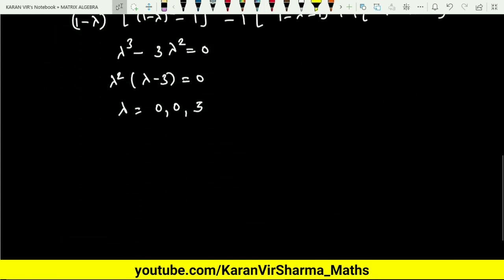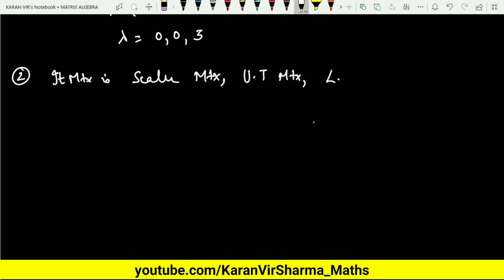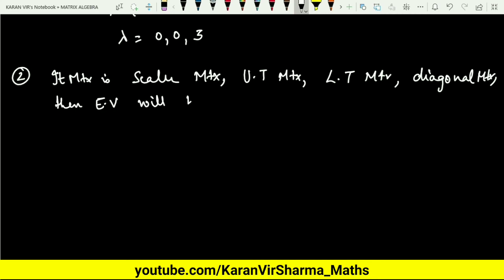So, moving on to the other results. The second result, which is again very important: if the matrix is a scalar matrix, or an upper triangular matrix, or a lower triangular matrix, and even if it is a diagonal matrix, then the eigenvalues will be just the diagonal entries.